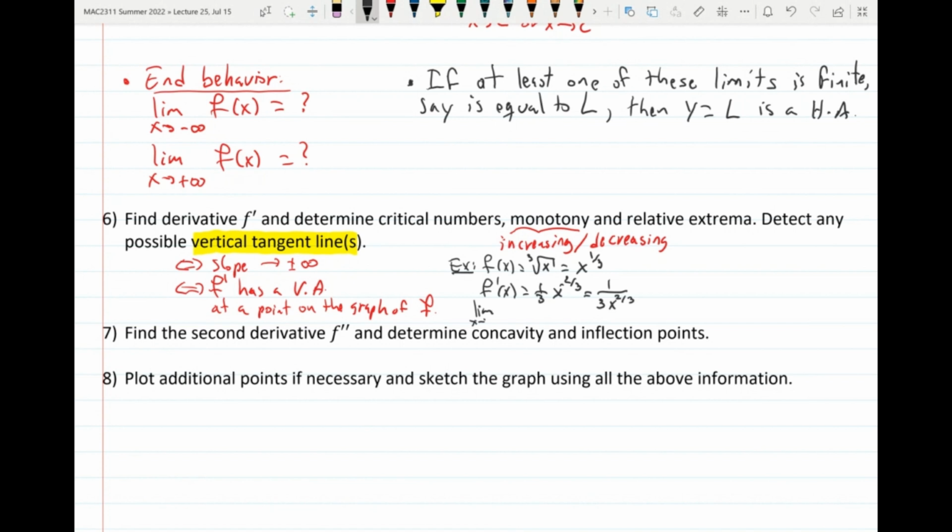It doesn't matter which side, because of the 2 over 3, that 2 is a square, so it's going to make it positive. But let me just say from the right of f prime, this limit is positive infinity. So what this is telling us is that x equals 0 is a vertical asymptote of f prime.